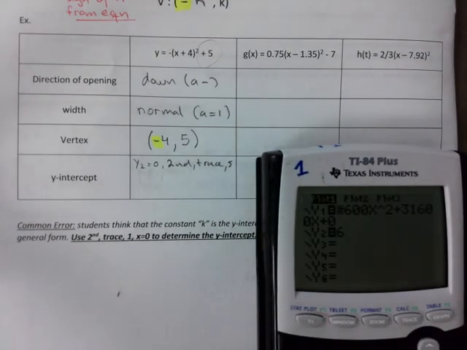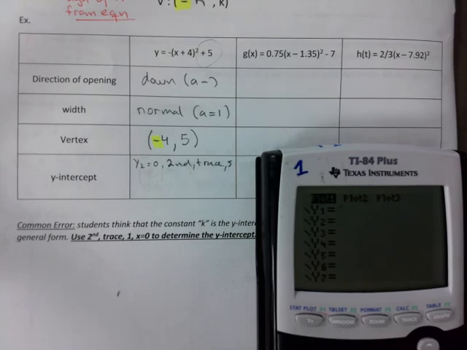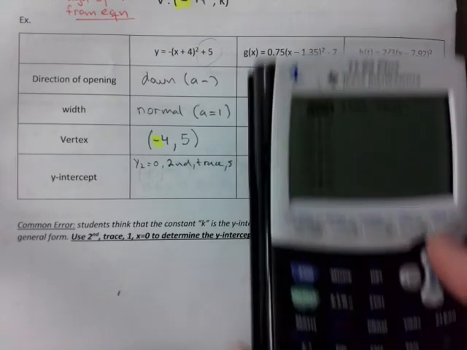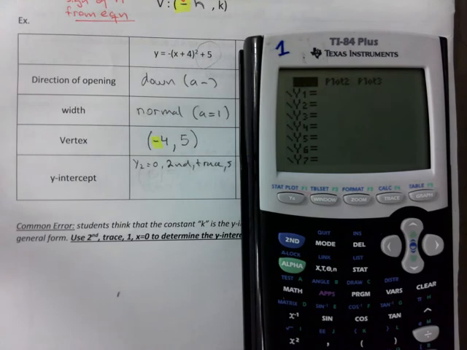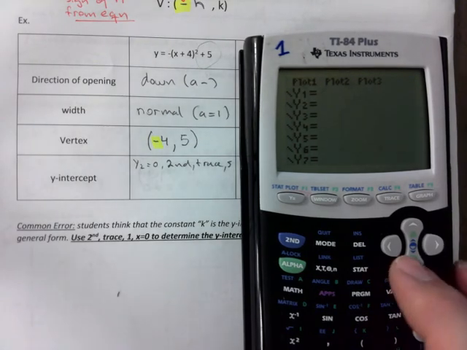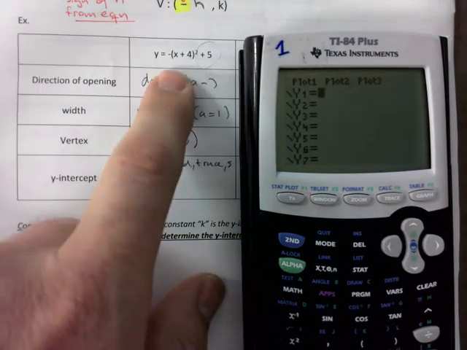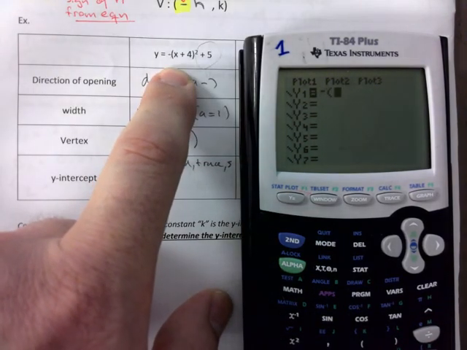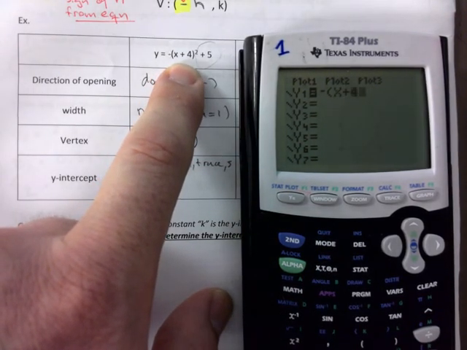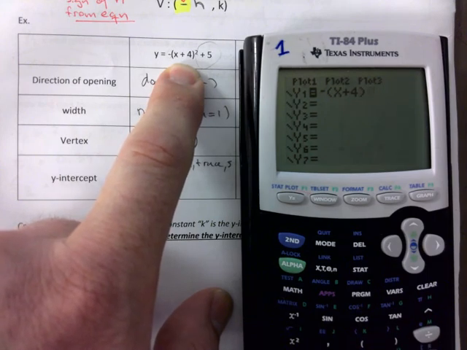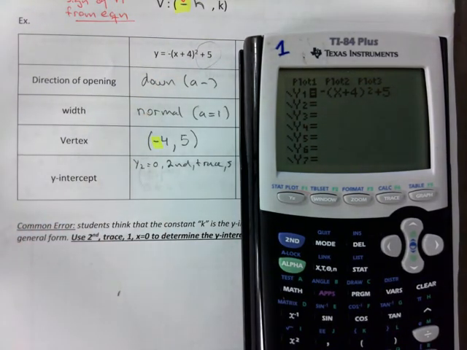We have to get used to typing this in. I'm turning off Plot 1 because I'm manually inputting an equation. I'm not using a regression. So I'm going to go negative bracket x plus 4 bracket x squared, for the square. Don't forget that one. And then plus 5 like that.